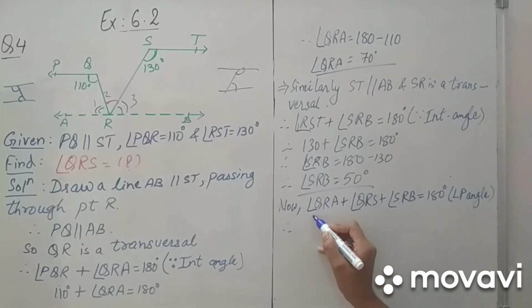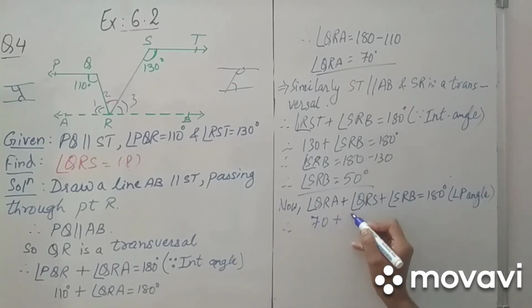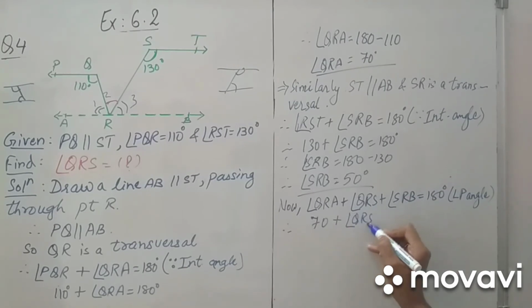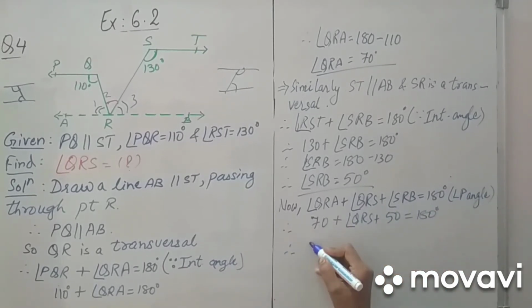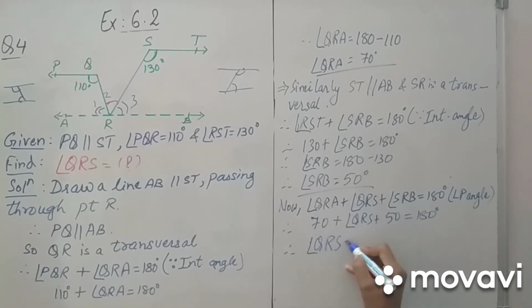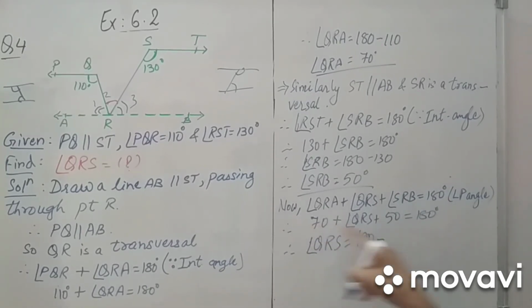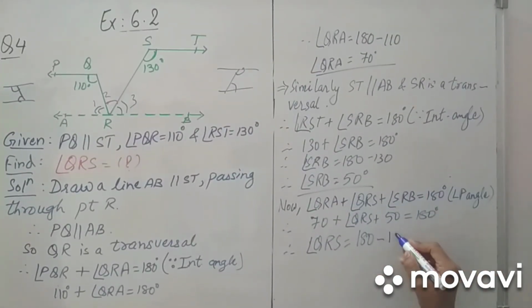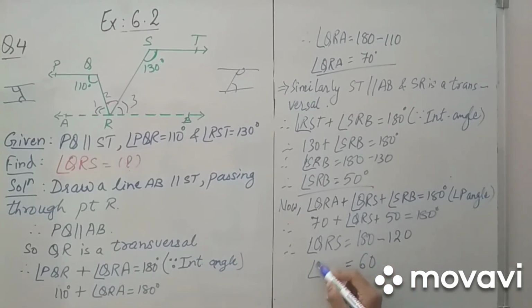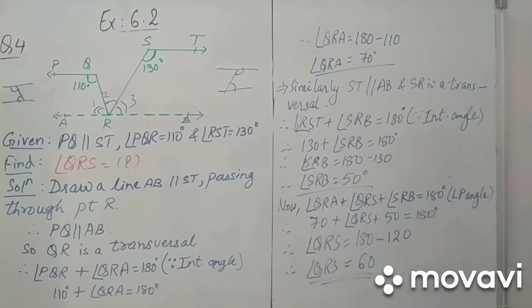Therefore, this angle is 70 degrees, plus QRS, which we want to find, plus 50 is equal to 180 degrees. Therefore, angle QRS is equal to 180 minus the addition of 70 and 50, which is 120. So the solution is 60. So QRS is equal to 60 degrees is our answer.